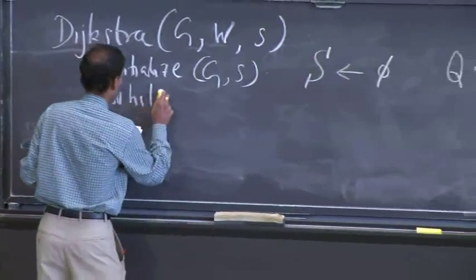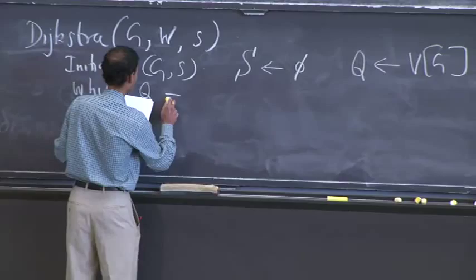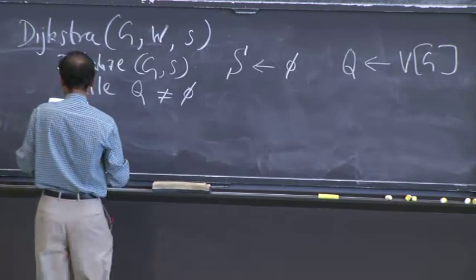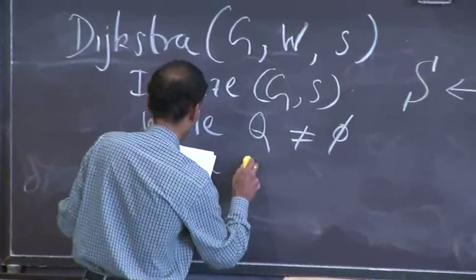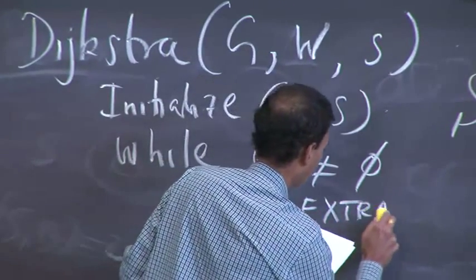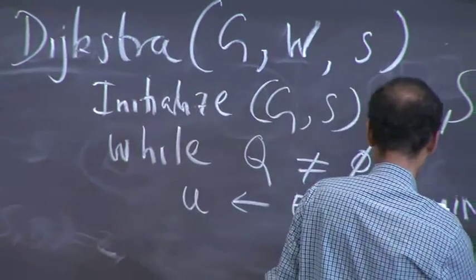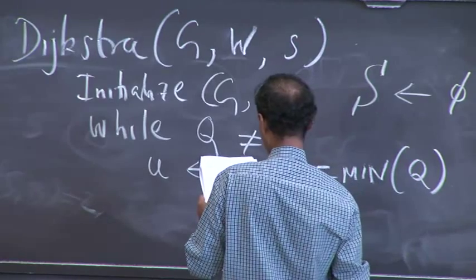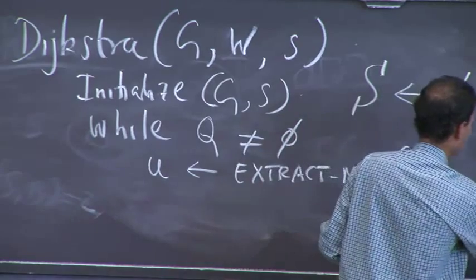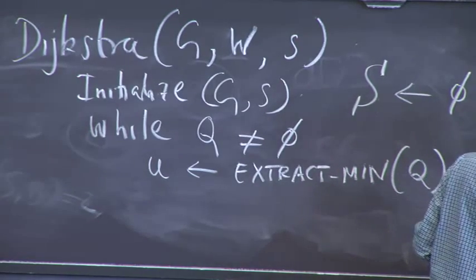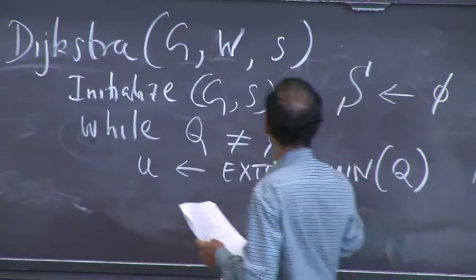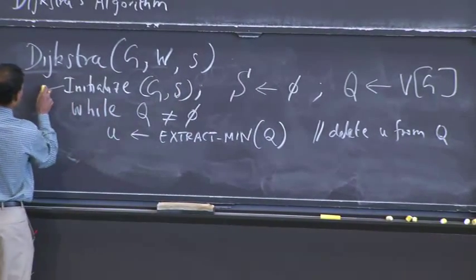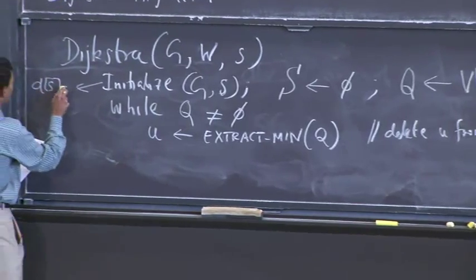And so Dijkstra is a little while loop that says while there are vertices that need to be processed, then I'm going to take u and I'm going to extract min from Q. And this is going to delete u from Q. And this initialization of, and this is a small s here, is going to set d of s to be 0.